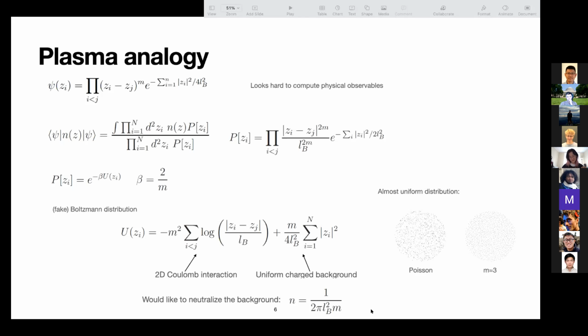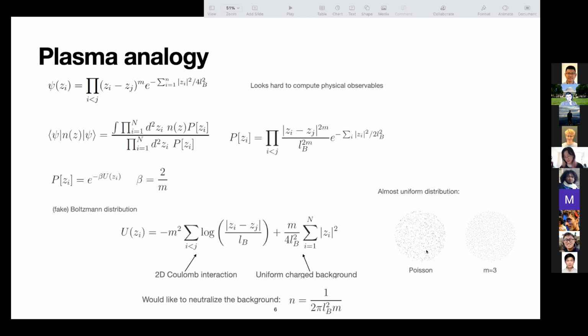That means the charge density wants to be of this form, so that the plasma looks neutral on average.